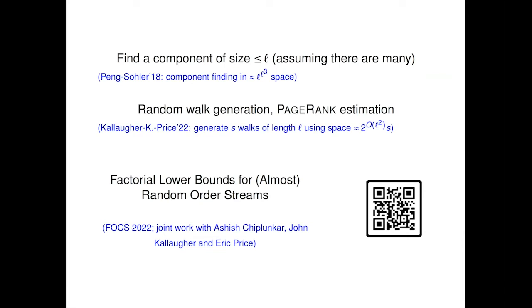If one squints and looks at the result of Peng and Zoller from SODA 18, then one realizes that they basically design a component finding primitive that runs in about L to the L cubed space and then use it for component count estimation. Good. Are there any questions about the problems?